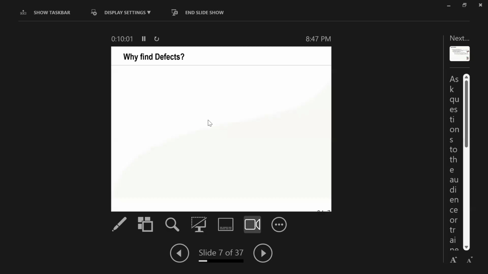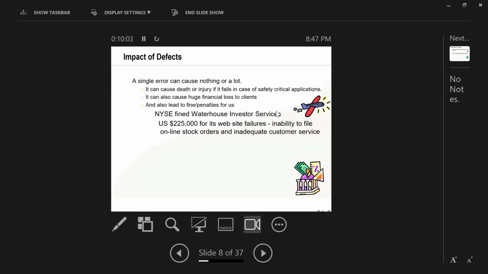Impact of defects. A single error can cause nothing or a lot. It can cause death or injury if it fails in safety-critical applications.